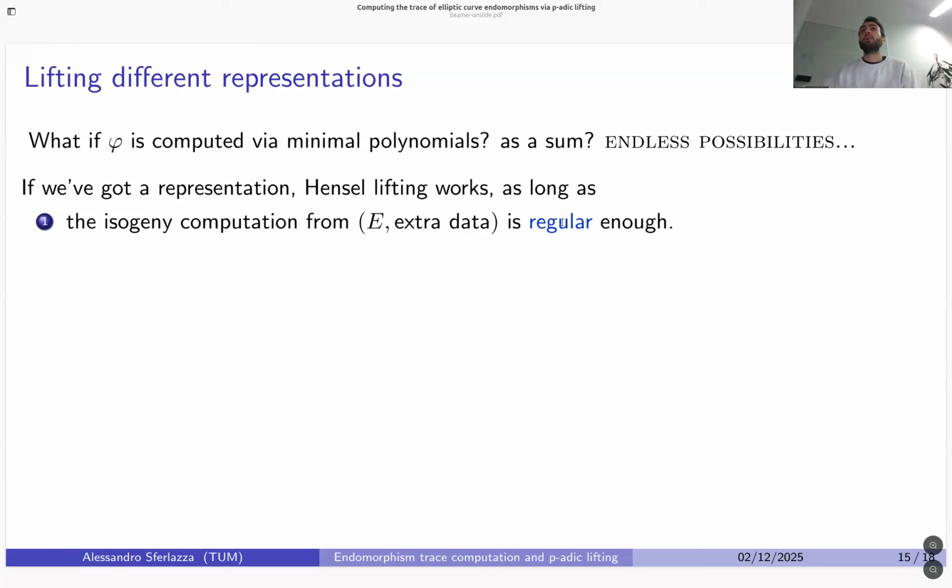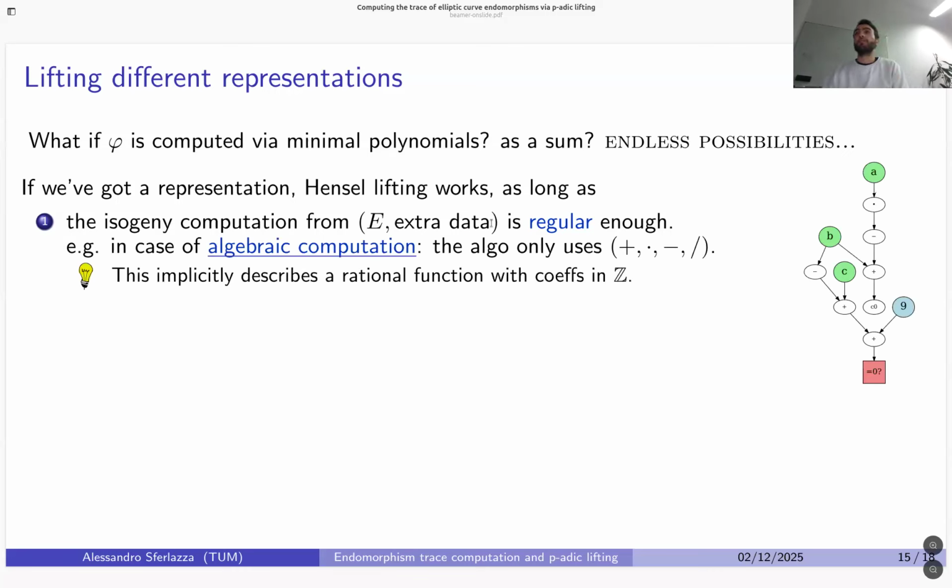The output of the isogeny algorithm should depend in a kind of smooth way on the input. For example, this applies to all the algebraic computations that only use sums, products, divisions, so that implicitly could be described as a rational function, even with integer coefficients on the input. So whenever we've got such a circuit, we can lift it.